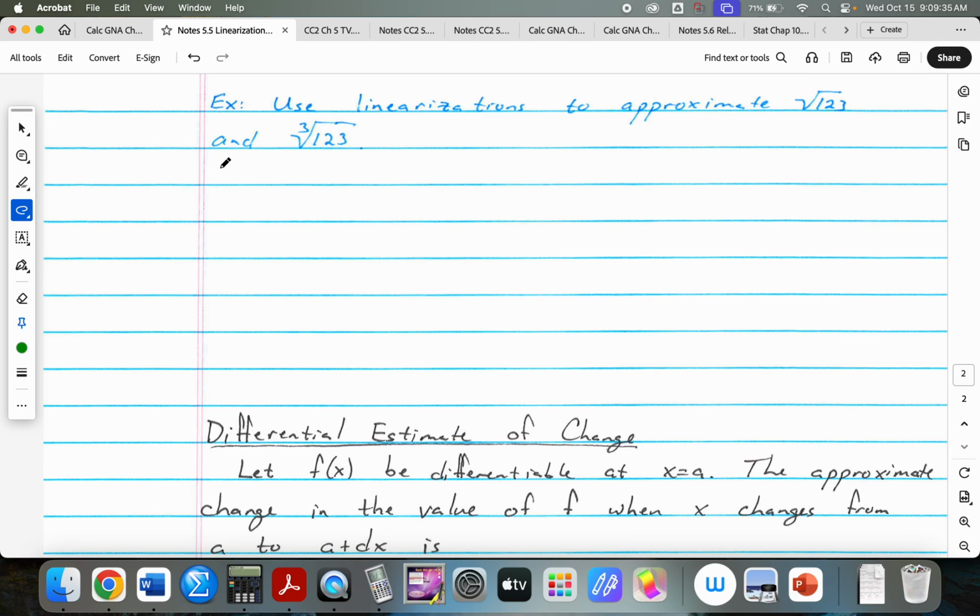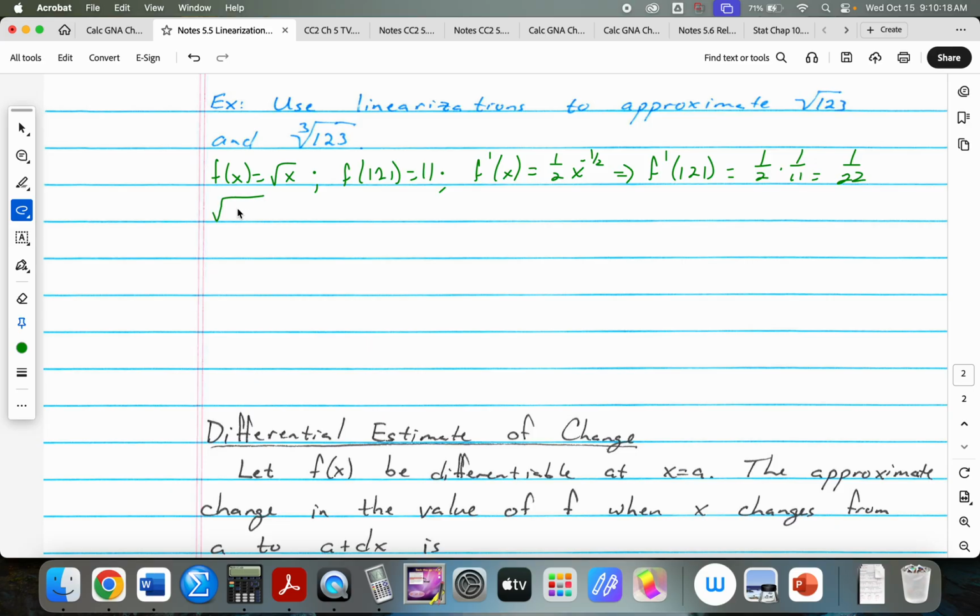So for that first one, we're going to let f of x be equal to the square root of x. f of 121 is 11. f prime of x is 1/2 x to the negative 1/2. So f prime of 121 is going to be 1/2 of 1/11. It's 1/22.